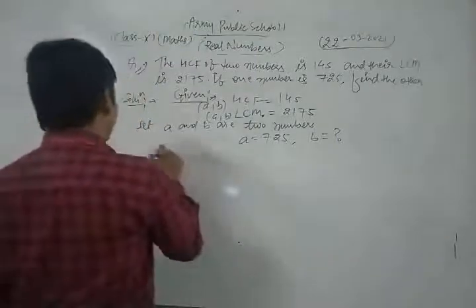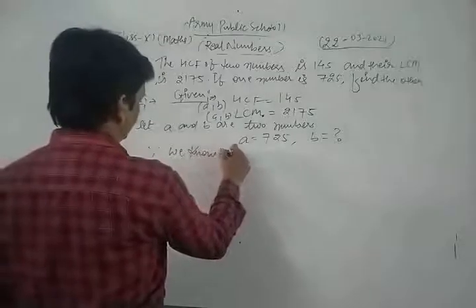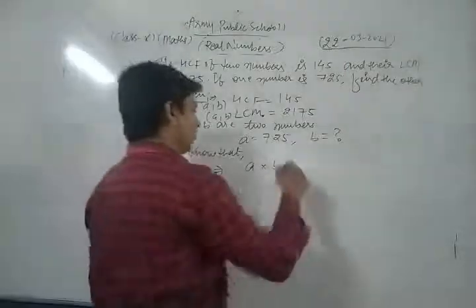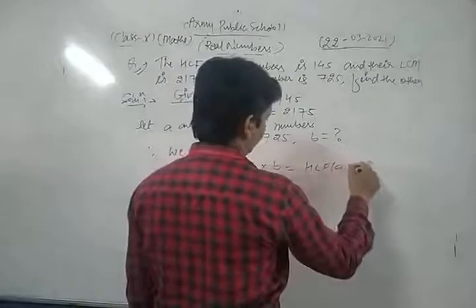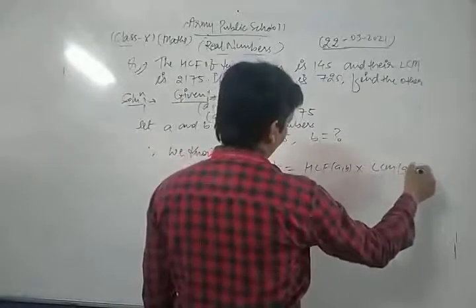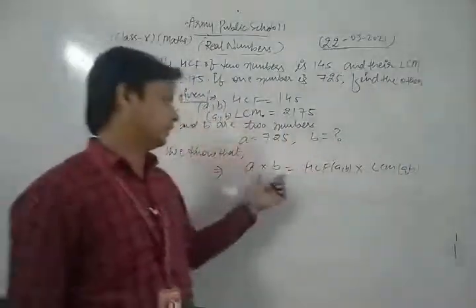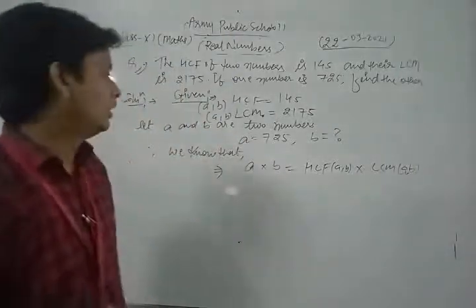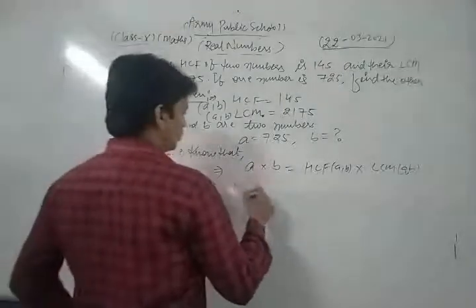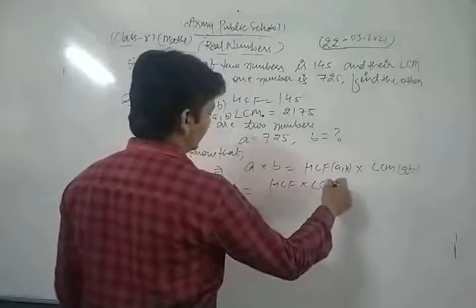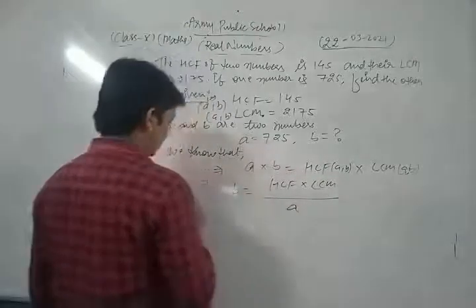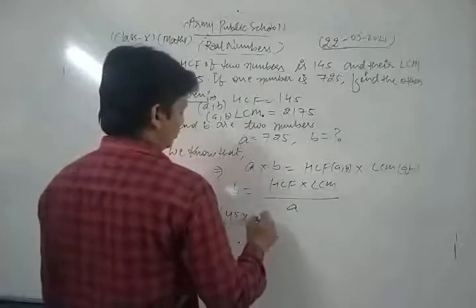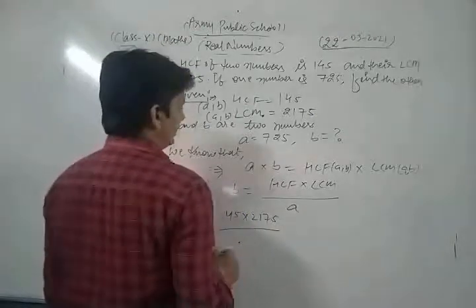Since we know that the product of two numbers is equal to the HCF of A and B times the LCM of A and B, the other number B is equal to HCF times LCM divided by A. Now we put the values: HCF is 145, LCM is 2175, divided by A, one number 725.